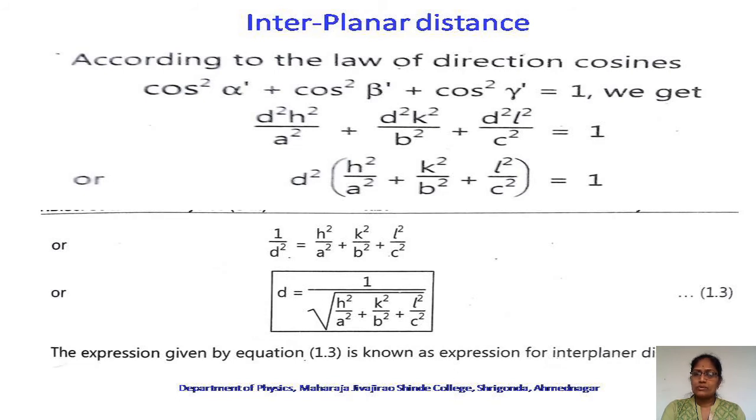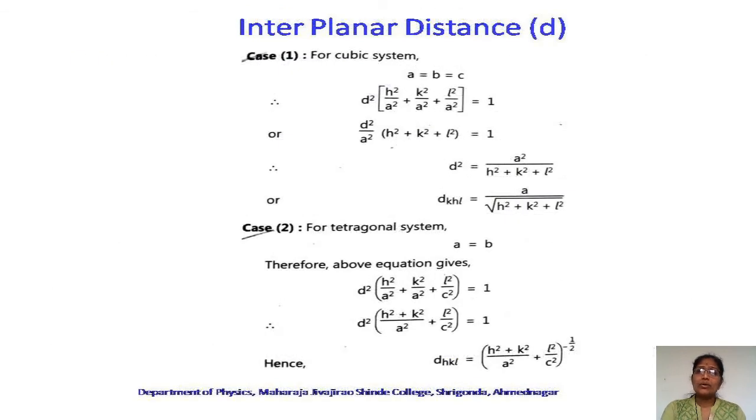Therefore, for getting the d value for cubic system, we have to substitute a equal to b equal to c equal to a. So, d square into bracket h square upon a square plus k square upon a square plus l square upon a square is equal to 1.